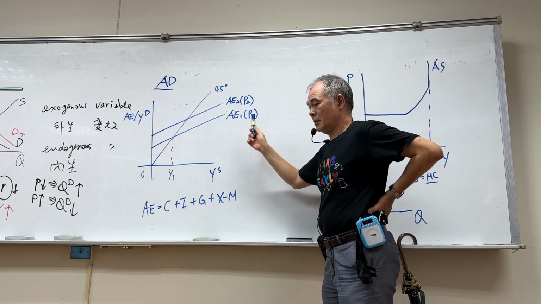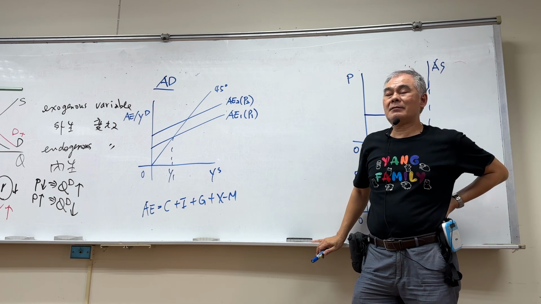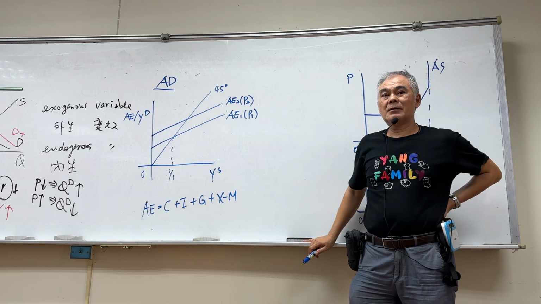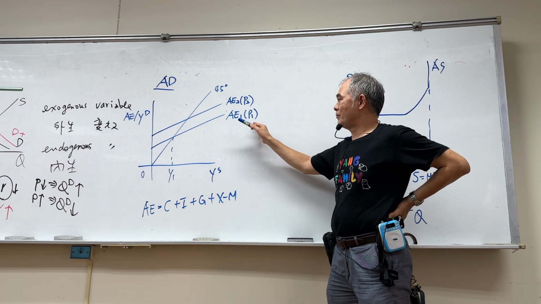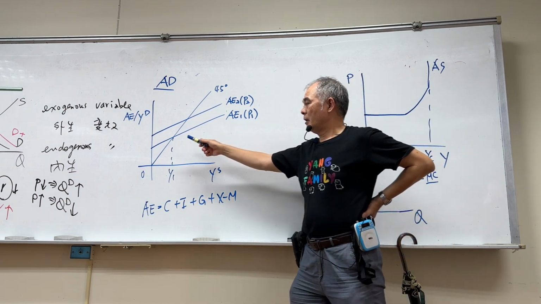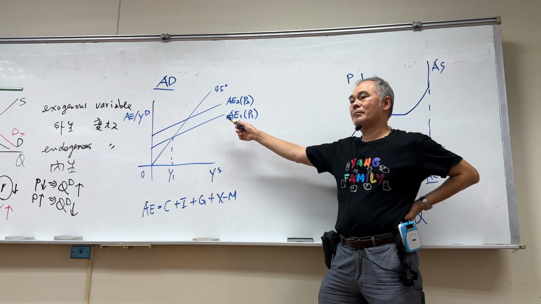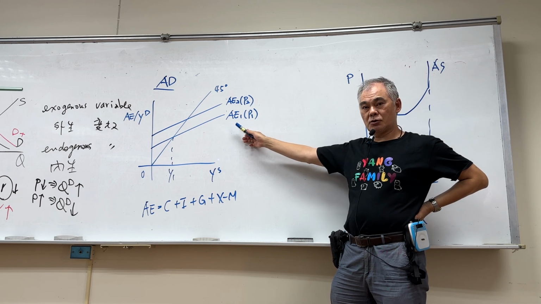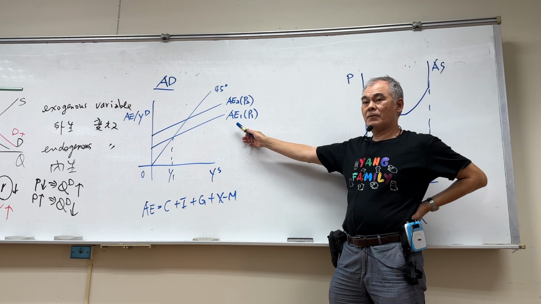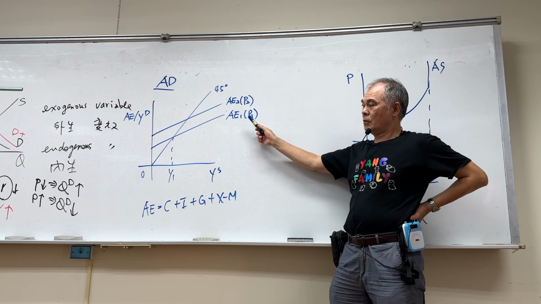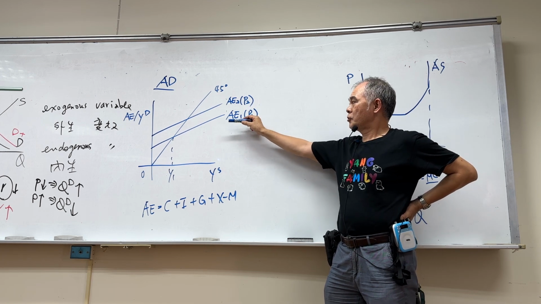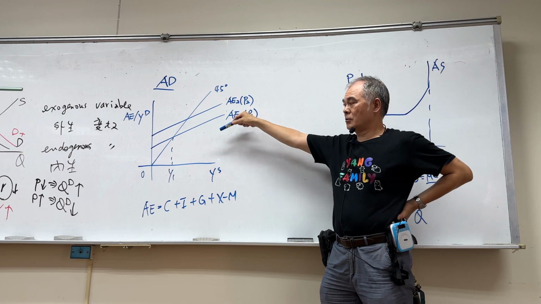So P is an exogenous variable. It is outside this model. So when you have different price levels, even though you have the same aggregate expenditure, because you are facing two different price levels, that means it will shift this curve.